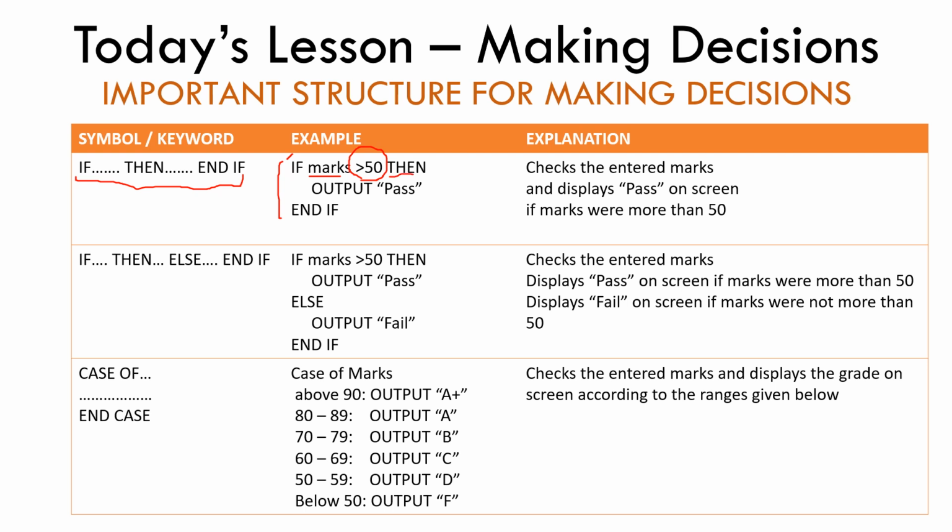Then is the keyword that explains what will happen if this condition becomes true. That is, if marks are actually greater than 50, what should happen in that case? We are going to output pass if we enter marks and these marks are more than 50. So we will output that the student has passed or something like that.